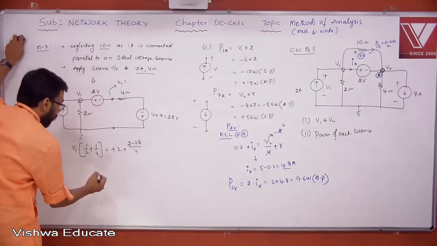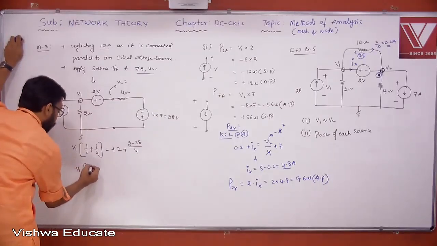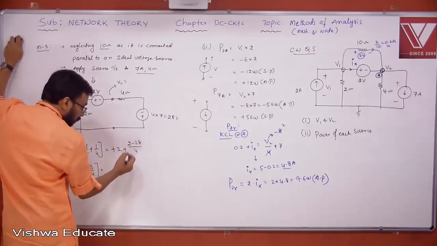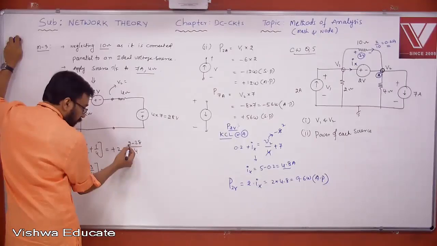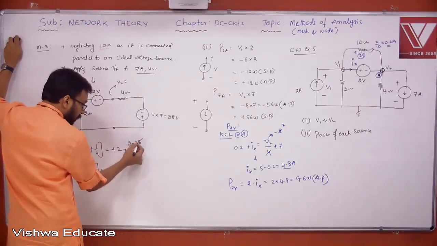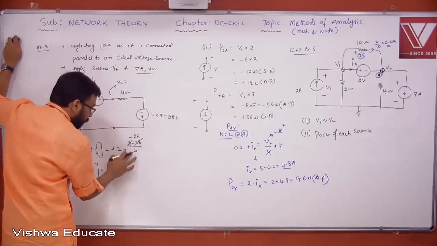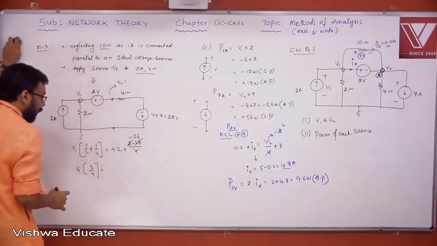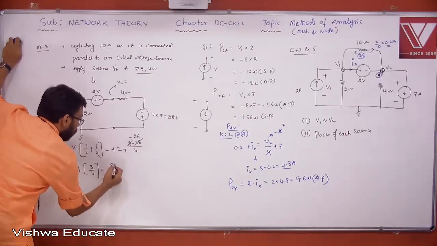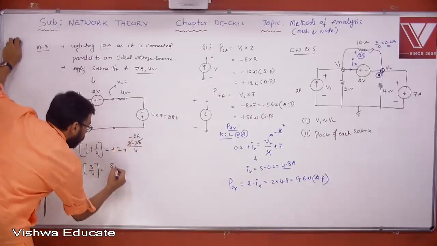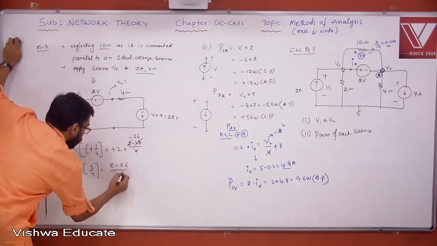So V1 of 3 by 4 equals minus 28 plus 2, which is minus 26 by 4. Let me take 8.